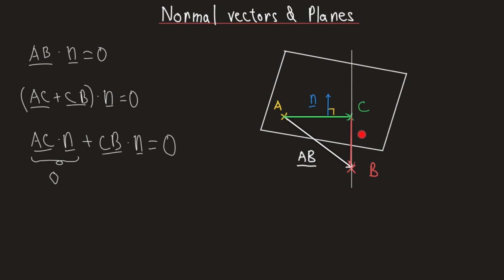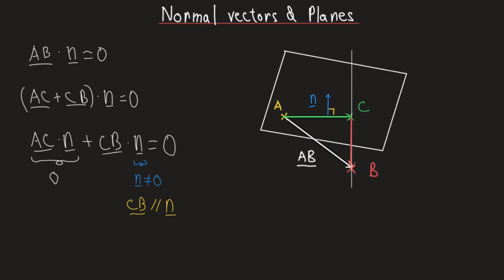And if it is perpendicular, our vector CB has to be parallel to our normal vector N, because our normal vector is also perpendicular to that plane. Since CB and N are not orthogonal and N is not the 0 vector, this means that CB has to be the 0 vector. So let me reiterate this because this is important.